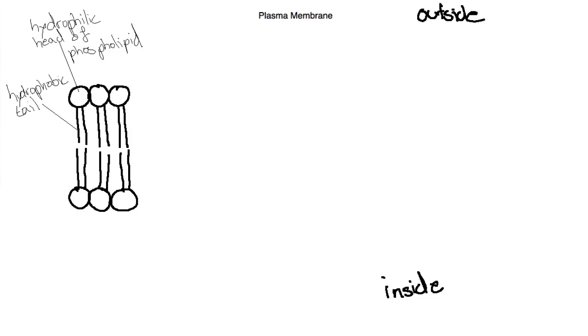And the next thing we're going to draw, which is found in plasma membranes, is integral proteins. Now, integral proteins are proteins that are basically embedded in the plasma membrane. So you can just draw it like this. And since they're embedded, we're just going to draw a few phospholipid molecules again.